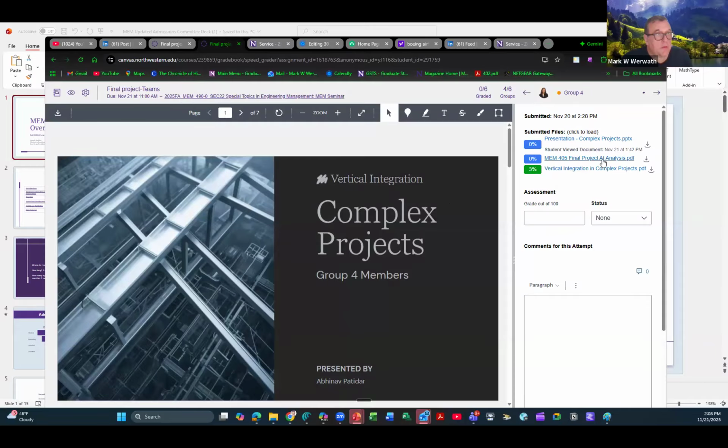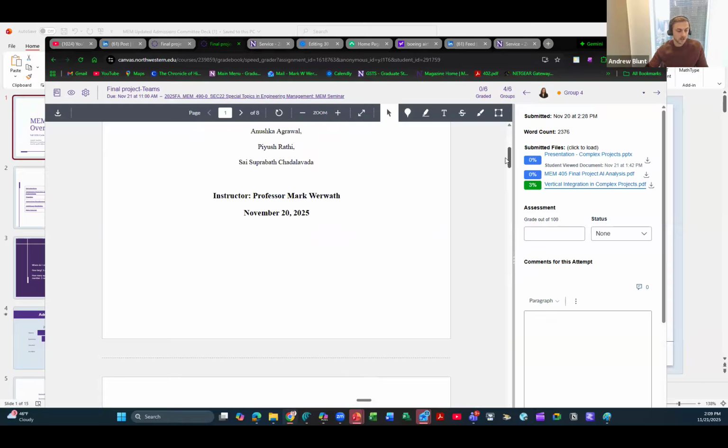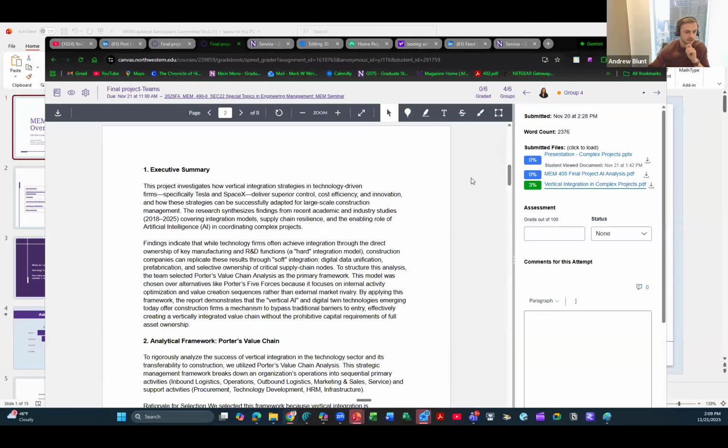So the paper is this one here. The bottom one, PDF. Yep. What we researched and wrote out here was looking at how some industries that used to be fragmented, like rocket ships and cars, looking at Tesla and SpaceX here, could be looked at to bring some efficiencies to the construction industry or any other industry that does large mega projects.